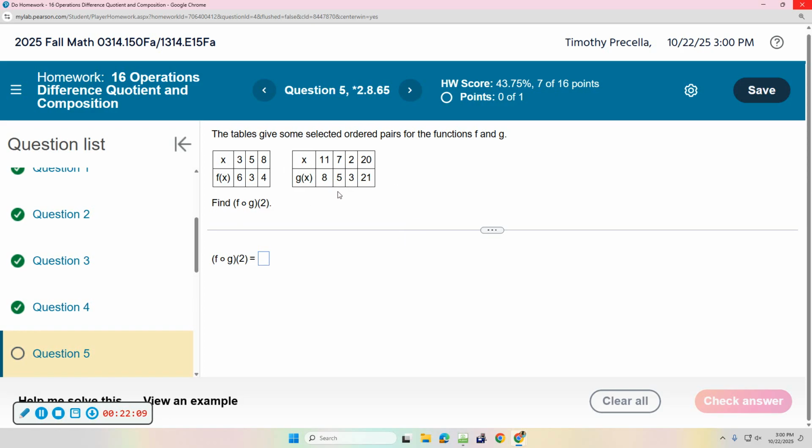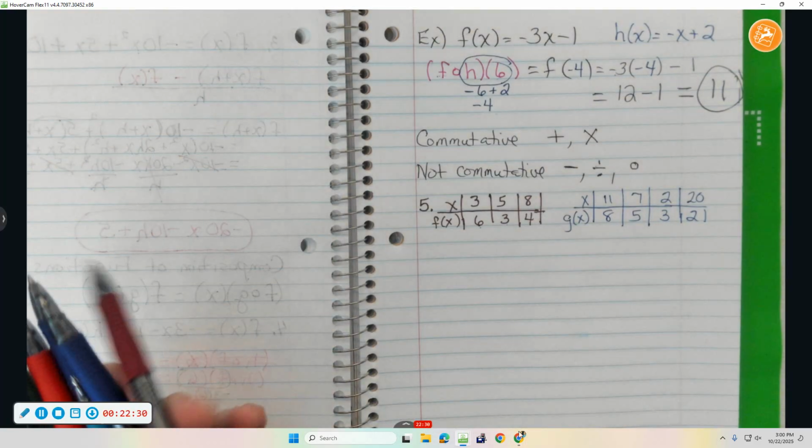X, g of x. 11, 7, 2, and 20 are the x's. And the y values are 8, 5, 3, 21. So on this one, instead, here it is, f o g 2.